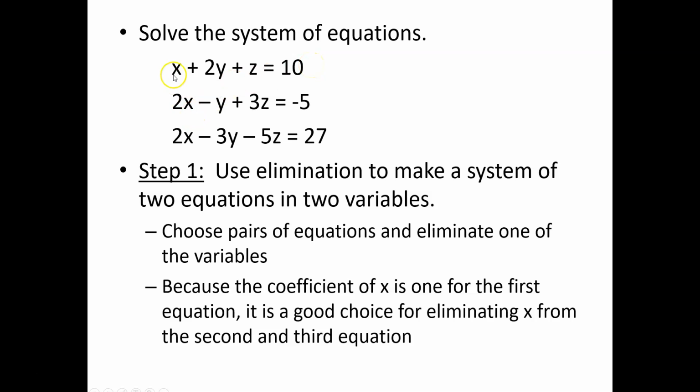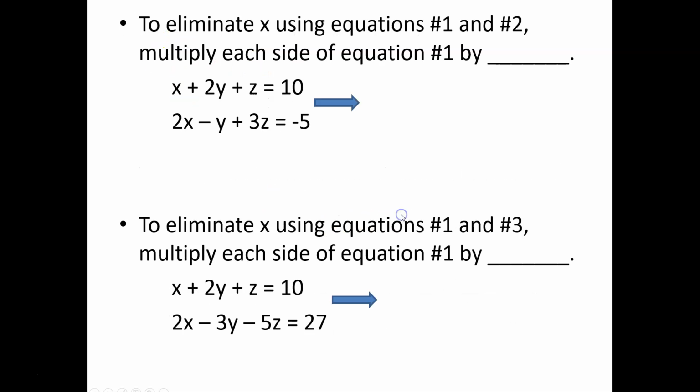Because the x coefficient on the first equation is 1, that's a good one to eliminate because we can just multiply to get rid of these two x's. Or you could use y, you could use z. But for our example, we're going to use x.